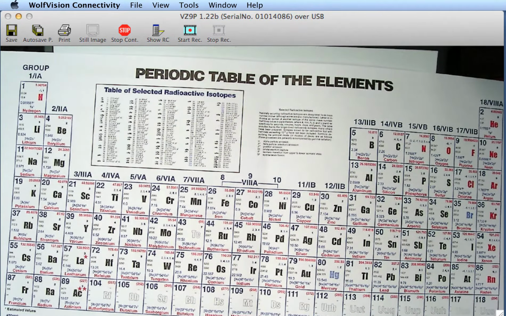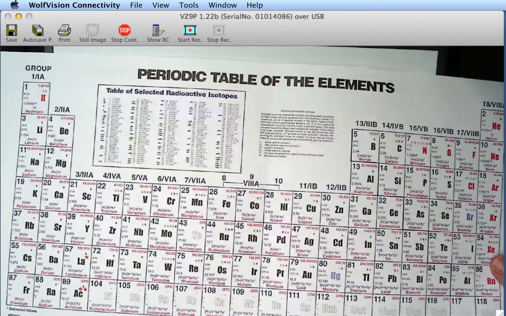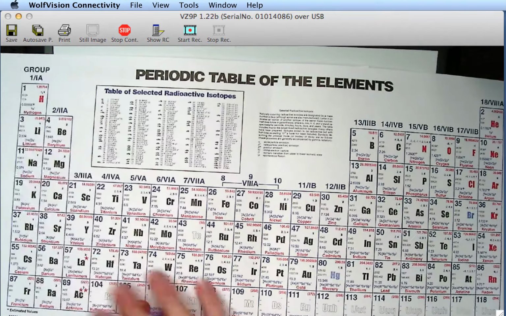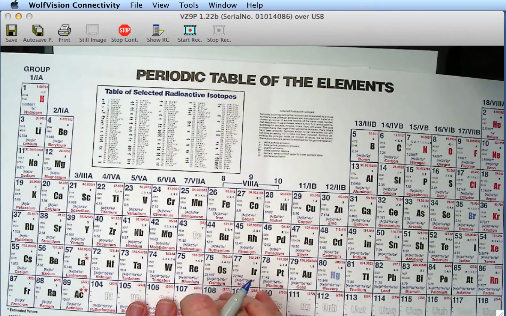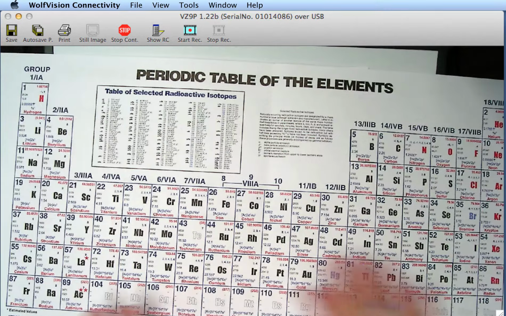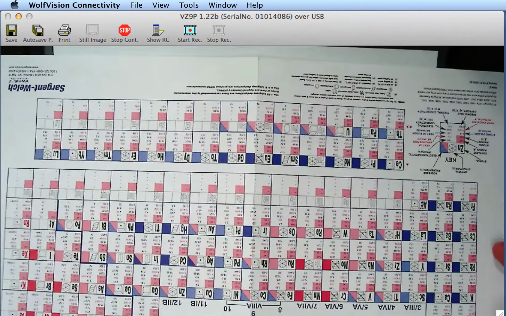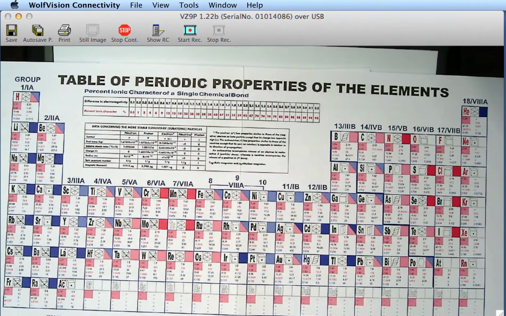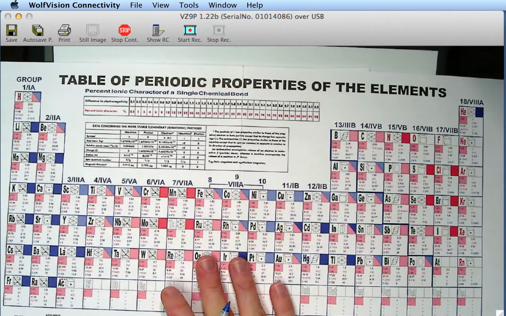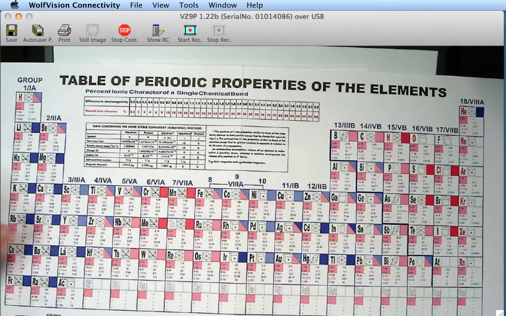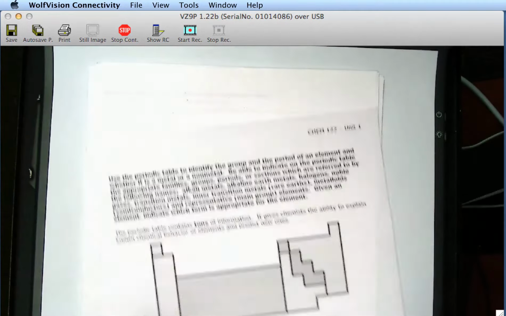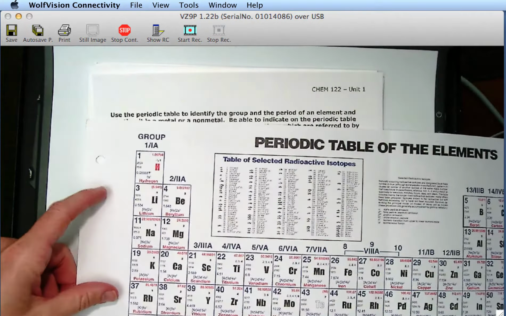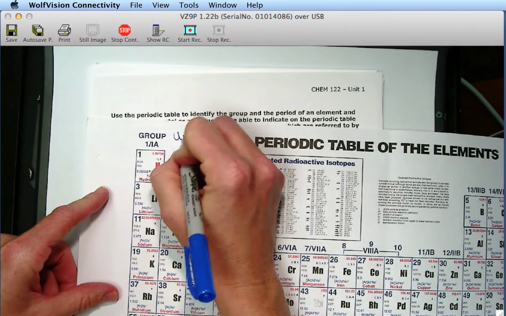There are two sides to this periodic table. There's the front side, which has a lot of it. This is the side that we're going to be using for this unit. The back side kind of looks crazy. We will not be using this side until Unit 2, and we'll only be using it for a little bit. So if you want to write on your periodic table, write on this side for Unit 1.